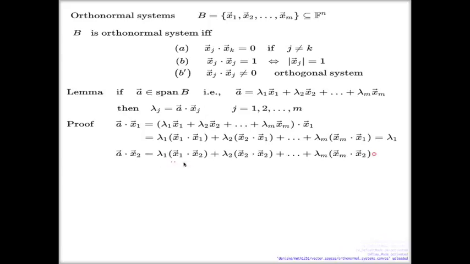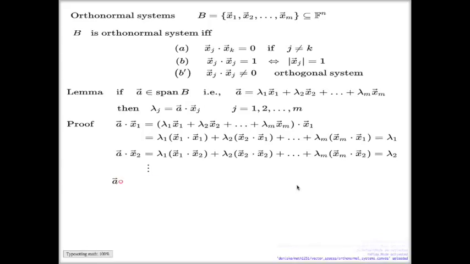In these brackets, it only once happens when j equals j, right here, x2 dot product x2. In all of the other instances, we will have different indices: 2 and 1, 2 and 3, 2 and 4, 2 and m. All of these instances are covered by the requirement A. They will vanish. And the result is lambda 2 as the second identity.